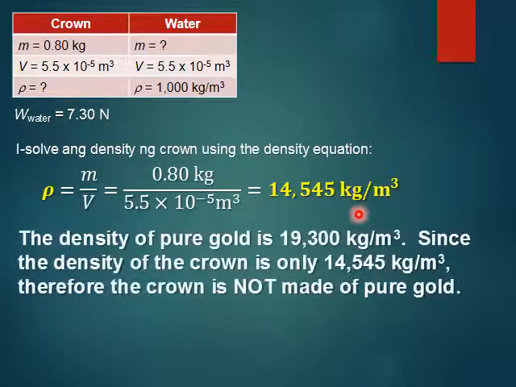So, is this crown made of pure gold? No. Kasi ang density ng pure gold is 19,300 kilograms per cubic meter. So, in short, peke yung crown. So, since the density of the crown is only 14,545 kilograms per cubic meter, therefore, the crown is not made of pure gold.